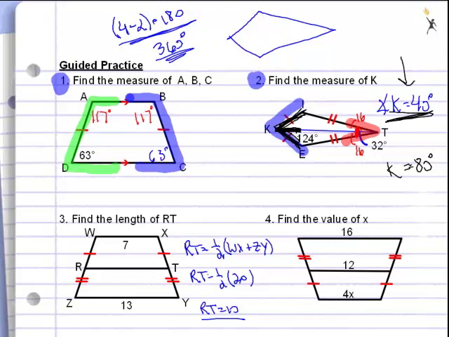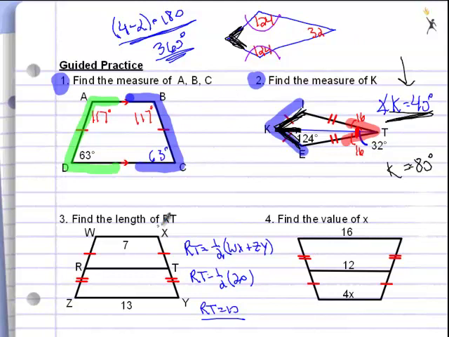They already told me that this angle is 124 and this angle is 32. The property of a kite tells me that this angle and this angle are congruent, which means that this angle is 124. So I could have said 360 equals this angle plus 124 plus 32 plus 124. Then when I add all these up and subtract, I'm going to get this angle equals 80 degrees. A couple different ways you could have solved that.